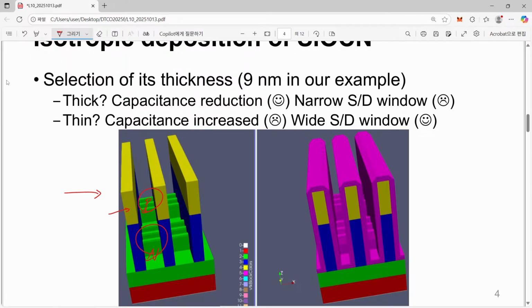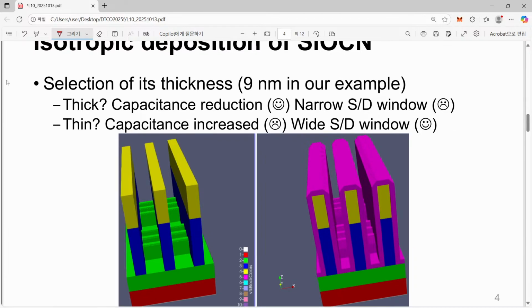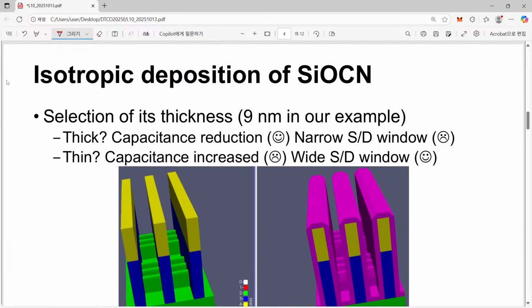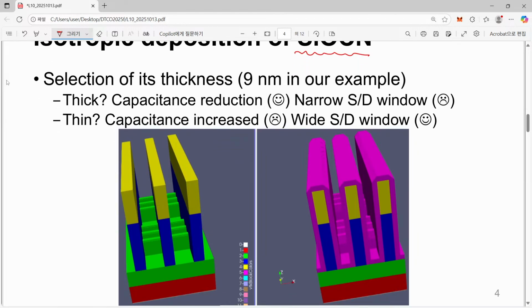But anyway, now we have this shape, and please deposit our silicon oxycarbon nitride layer isotropically.